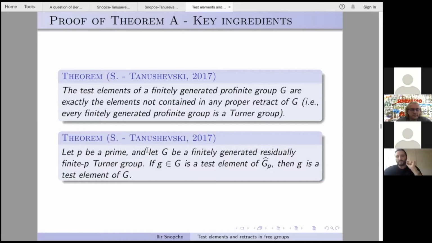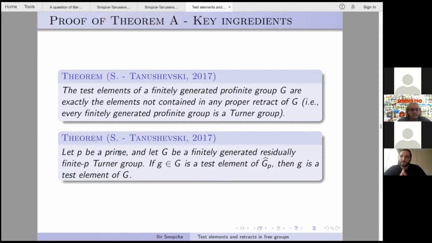But moreover, I have to say one more fact. The pro-p completion of a free group is a free pro-p group, which is a free object in the category of pro-p groups. And if you have a basis X of F, then X is also a basis of the pro-p completion.